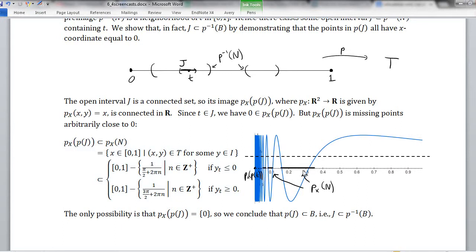I've tried to illustrate that here. If you take this piece of N and apply p_x to it, you get this interval here, and another smaller interval here, and smaller intervals.